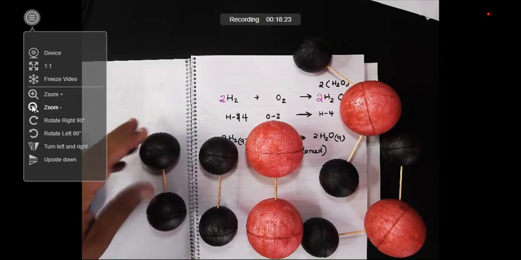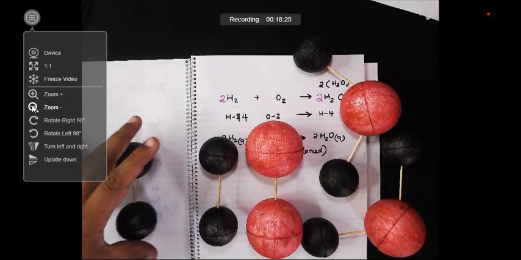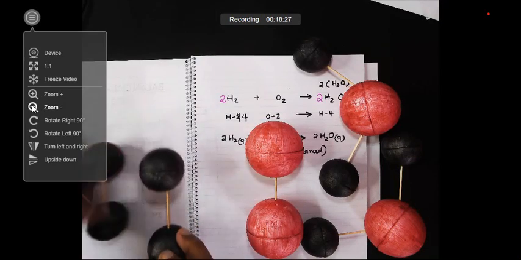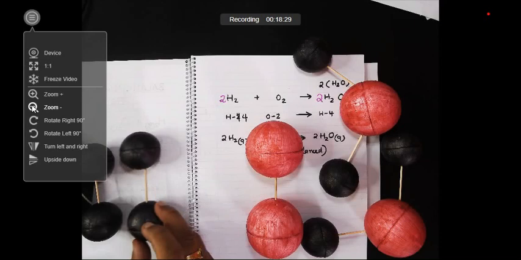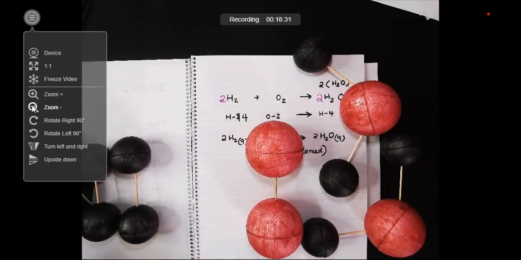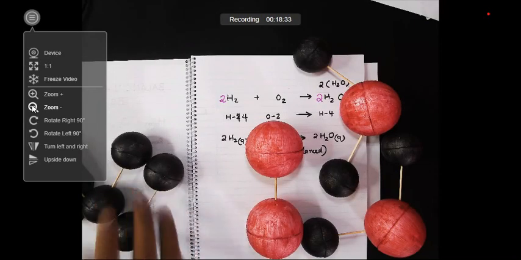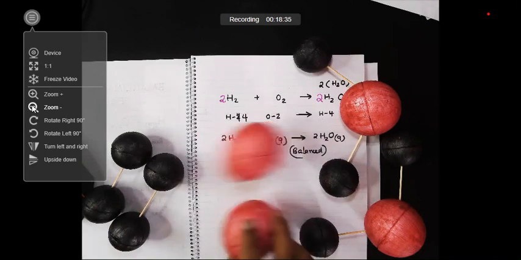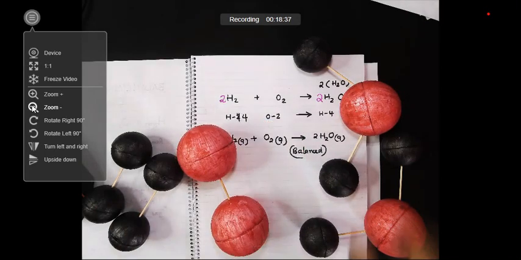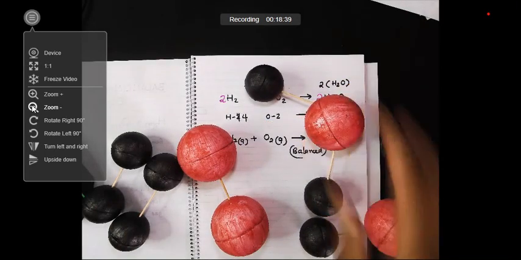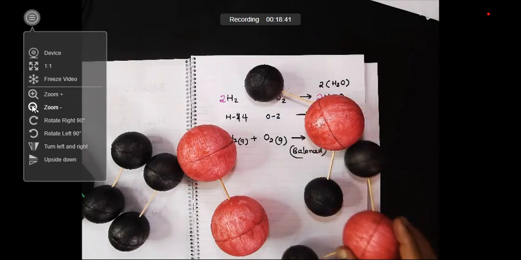So your reactants are 1, 2, 3, 4 hydrogens. Here you have 4 hydrogens. 2 oxygen, then your products are 1 water molecule, then another water molecule.